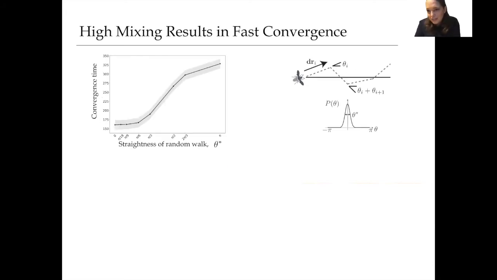What we see is, I think, pretty much in agreement with the intuition that I described a few slides ago. If you look at the convergence time as a function of the width of the turning angle distribution, we see that when it's very narrow and we have basically more mixing because individuals would move more, then the convergence time is lower, and vice versa for wider distributions.